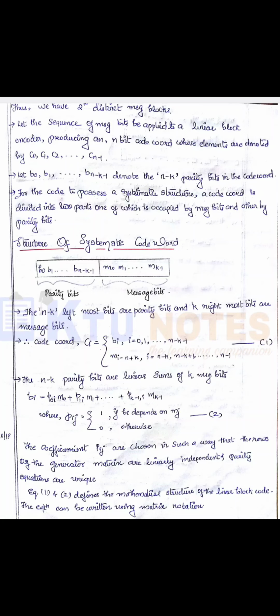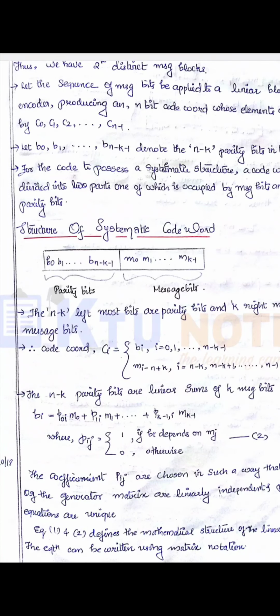The code word C has size n, so C0, C1, etc., C(n minus 1). Then we also have, of course, parity bits, that is b0, etc.